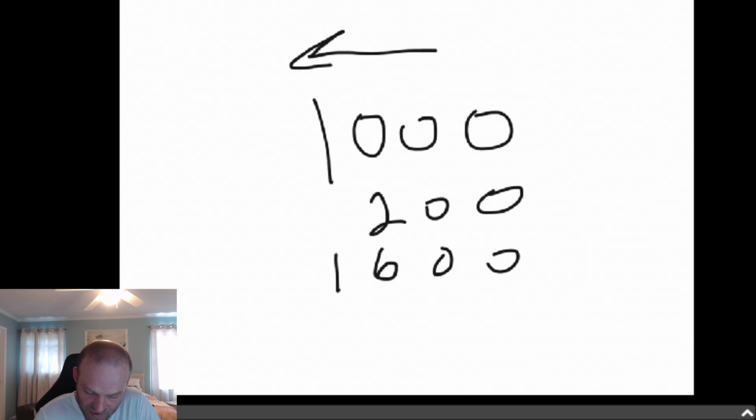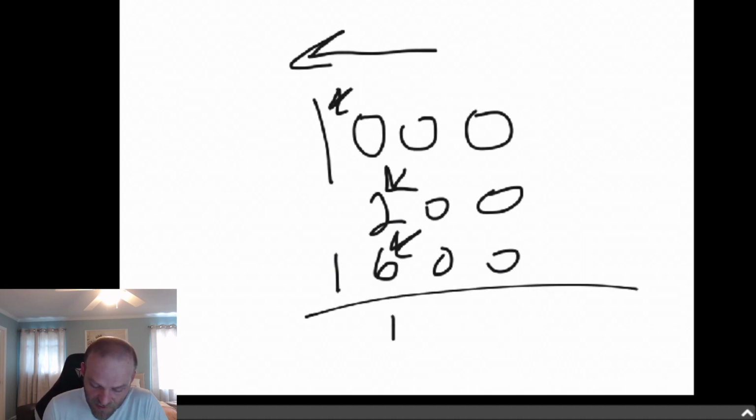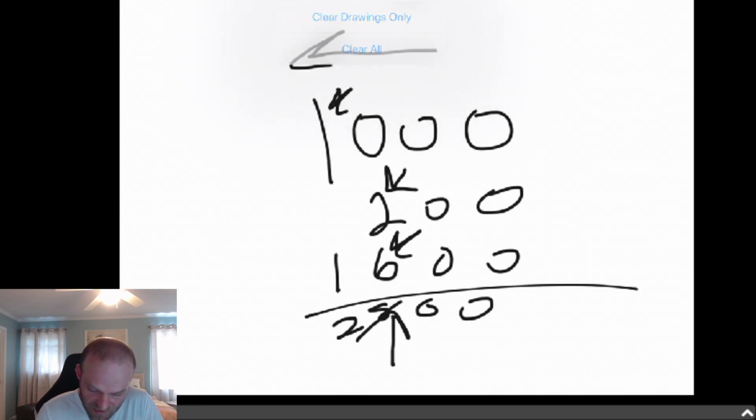That would be this one here, this one here, and this one here. Then my last place would be in here. We added up 2,800, and that would be the answer because it's two significant figures.